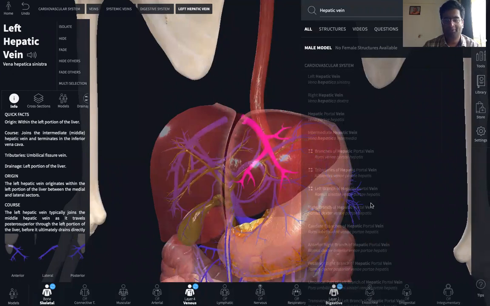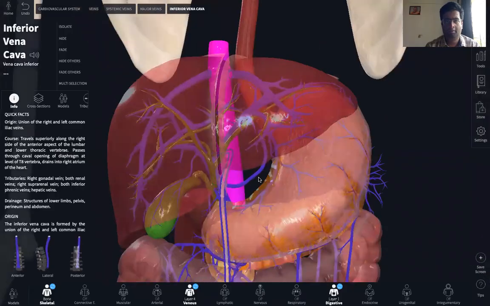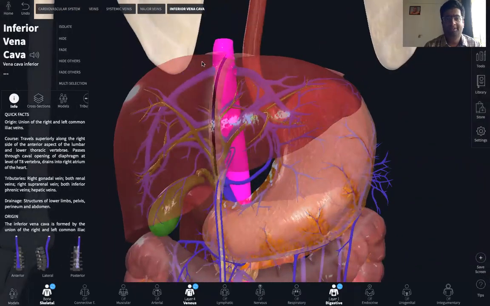The next structure is the inferior vena cava. You can see here that the inferior vena cava receives the blood from the right as well as the left hepatic vein, and this venous blood is then carried back by the inferior vena cava towards the heart. So here we have studied the hepatic portal vein and the hepatic vein.